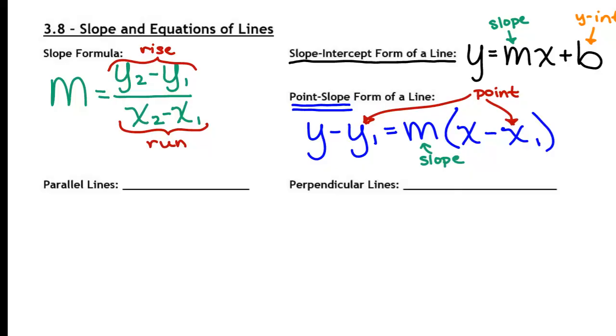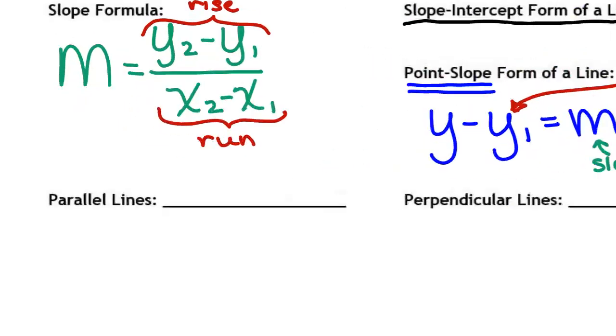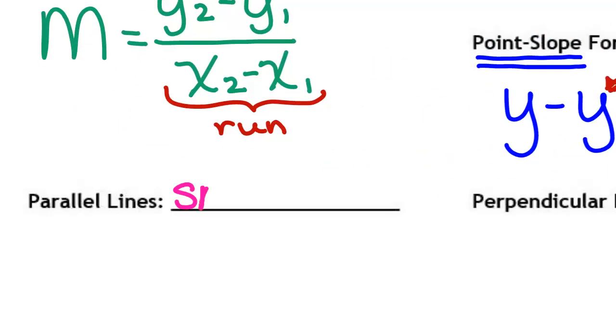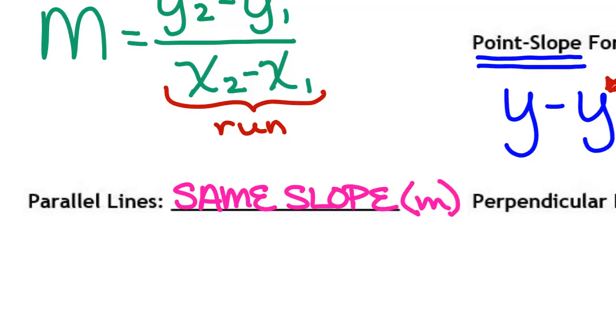Parallel lines have the same slope. So same m, but a different y-intercept, different b.